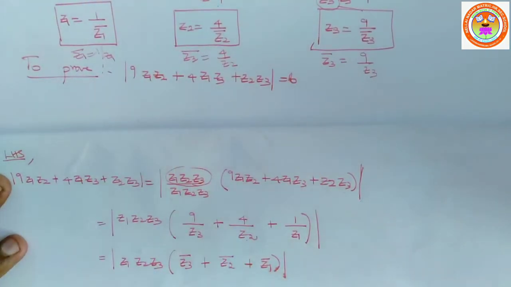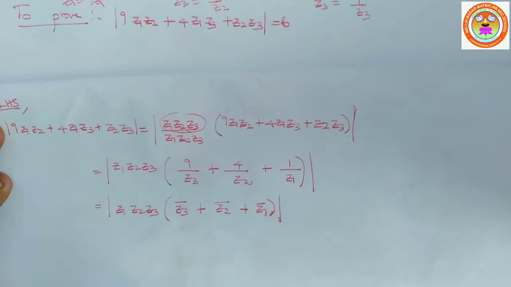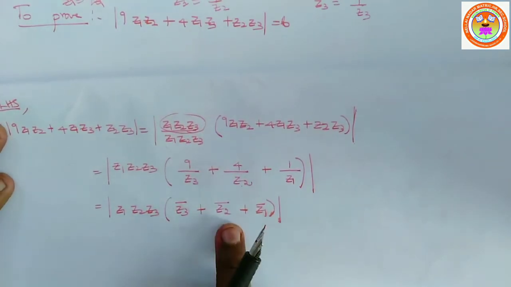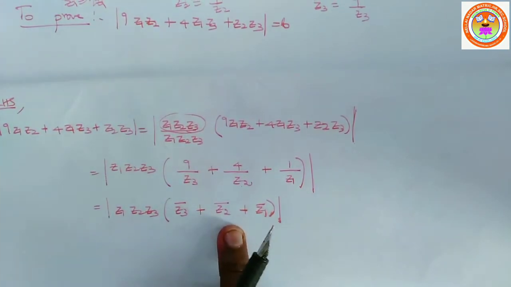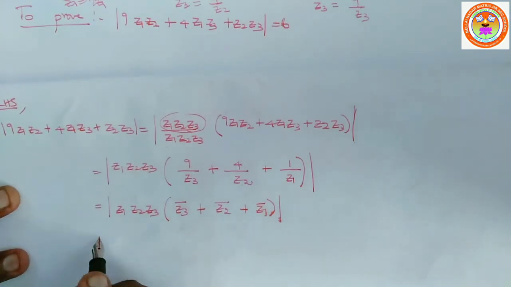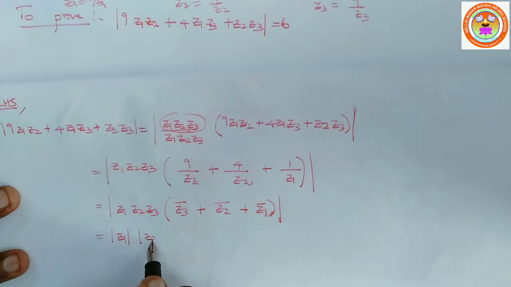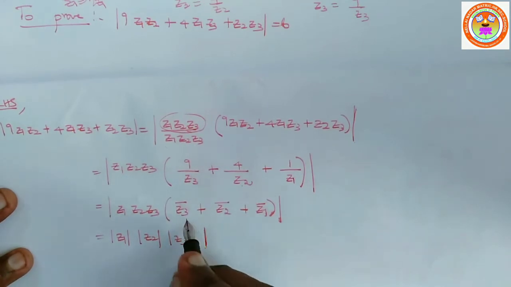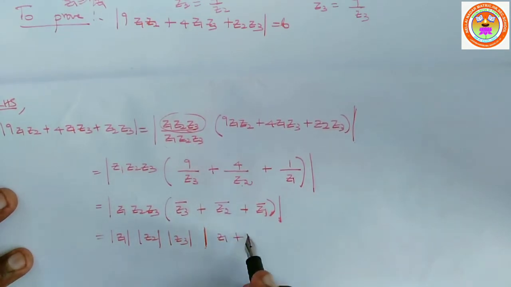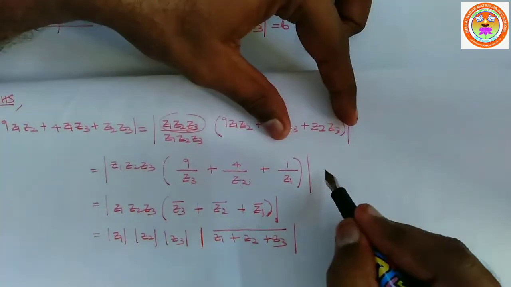What we need, we can adjust and write. Now we have written Z3 bar plus Z2 bar plus Z1 bar. So, I am going to remove the modulus for each and every one: modulus of Z1, modulus of Z2 and modulus of Z3. For this one, the whole modulus, I can write Z1 plus Z2 plus Z3 whole bar, because we know one property.